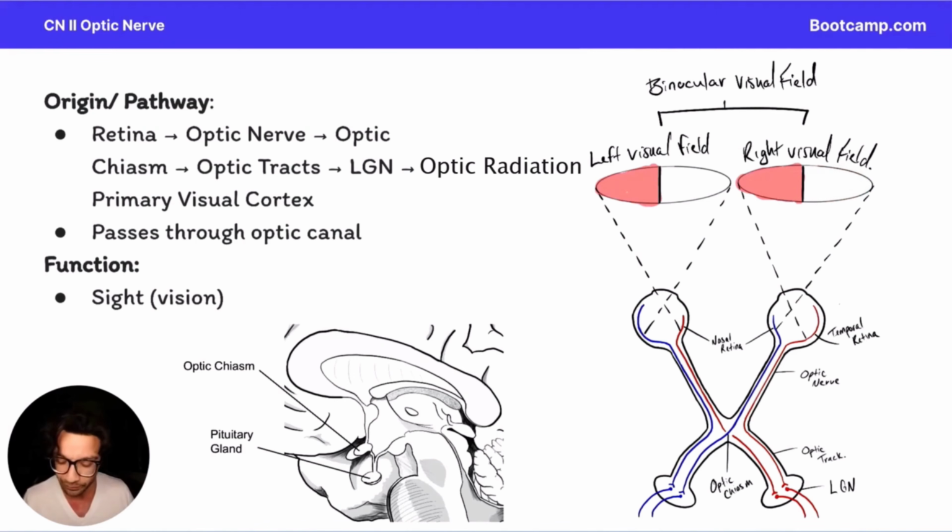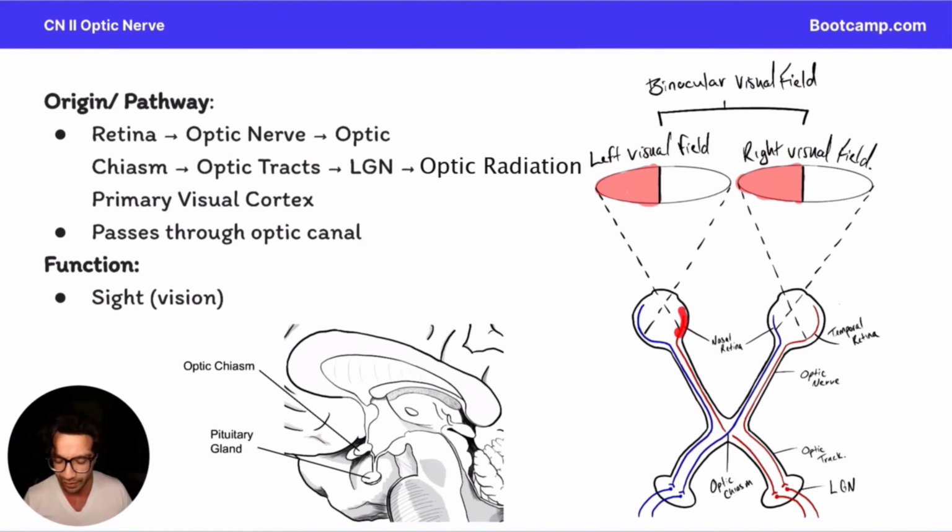So you can see the nasal visual field processed by the temporal retina is red here, and the temporal visual field processed by the nasal retina is red here. And these red fibers are all this visual information from the left side. Well, this is going to cross over to the contralateral side.